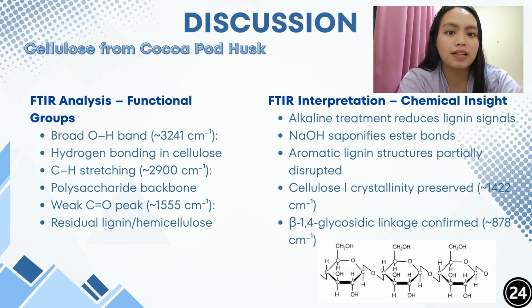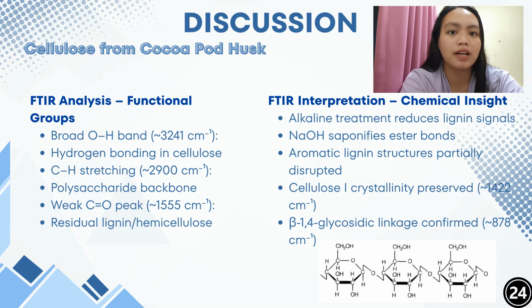The absorption band around 1,422 indicates the presence of cellulose I crystalline structure, showing that the cellulose backbone is preserved during treatment. Strong peaks in the region of 1,050 to 1,017, together with the beta-1,4-glycosidic linkage peak around 878, further confirm the presence of cellulose.